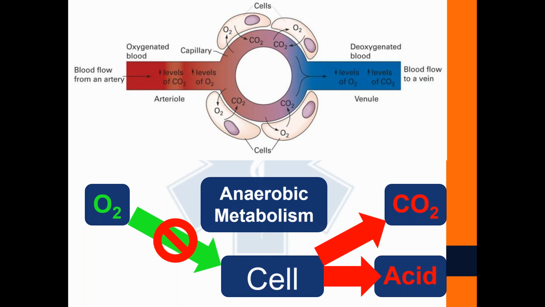All of that becomes very, very acidic, and from there on out, even if we restore oxygenated blood flow, those cells, after they've been steeped in acid for long enough, may have actually just filled with that acid and eventually exploded.